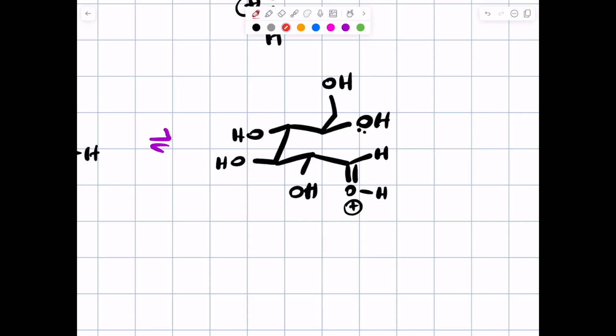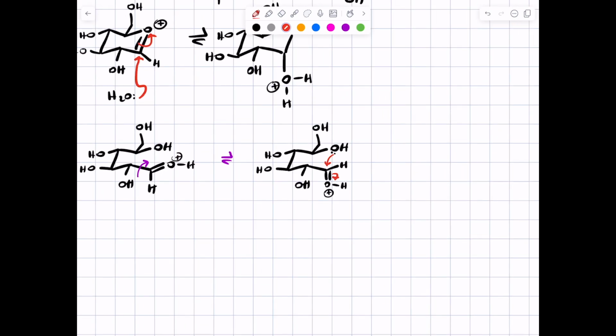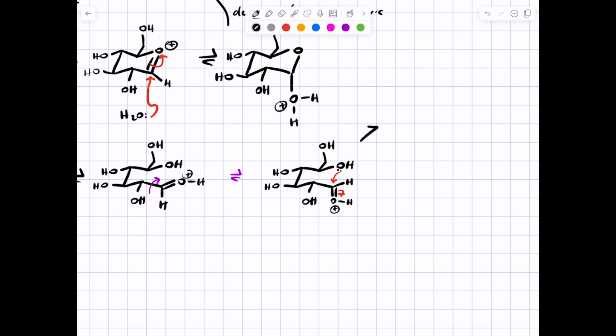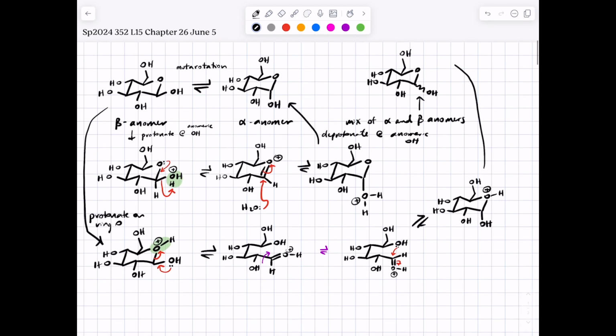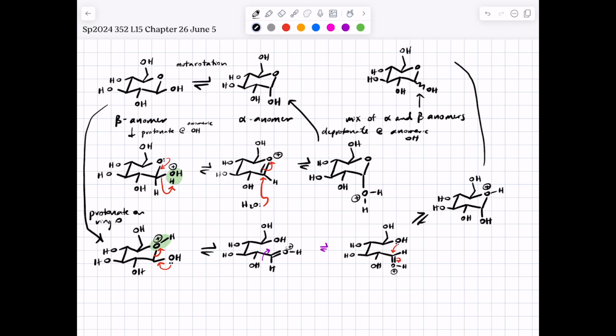Then attack of the ring oxygen on the oxonium ion recloses the ring and generates this intermediate, and then deprotonating the ring oxygen gets you to the alpha anomer.